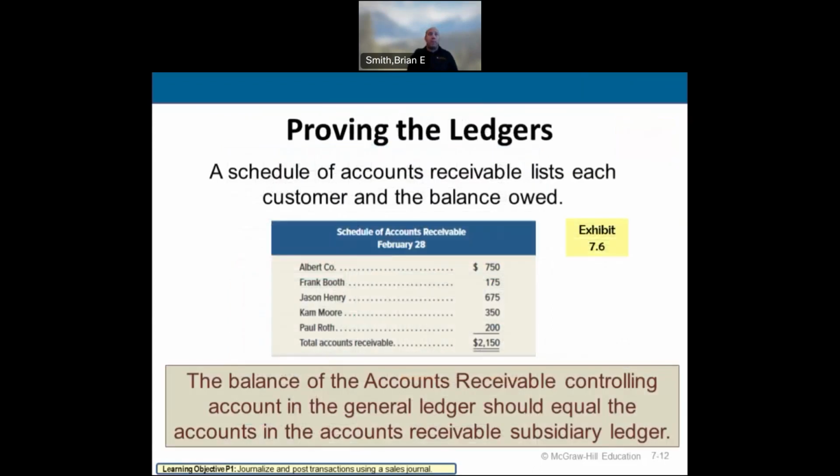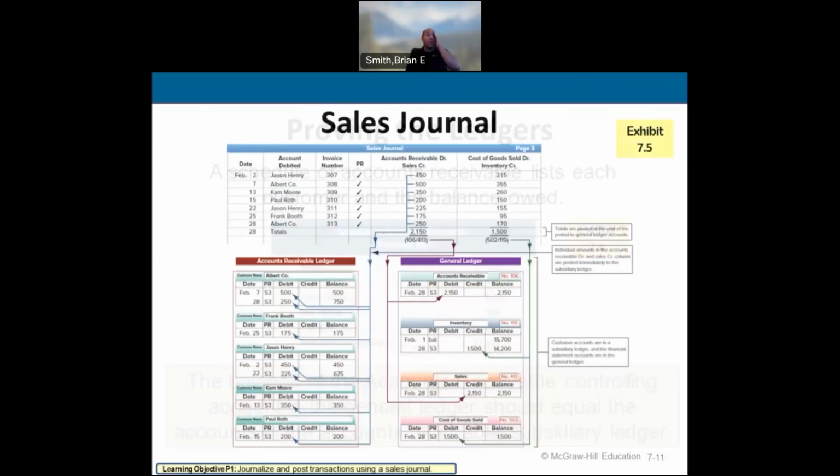All right. Now there's this whole thing called proving the ledgers, and I haven't quite been able to put my arms around it because in order to prove the ledgers, you need to pull information from outside the system and compare it to that which is inside the system. All this is doing is stating the obvious. So if you go back to this other slide, it's showing you all the accounts and the balance over here, right? So you see the balance here.